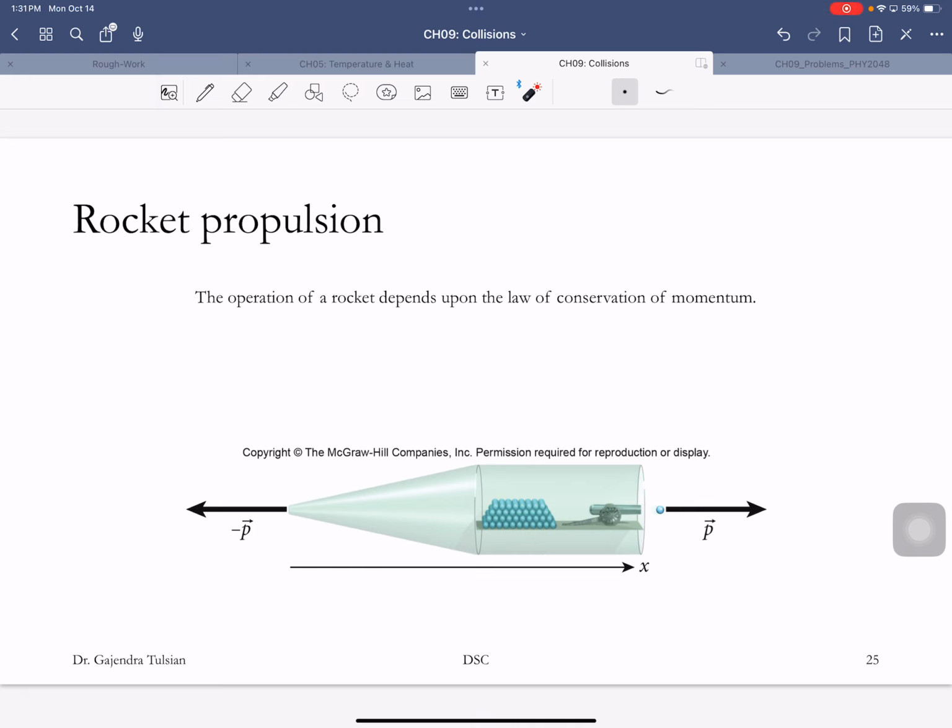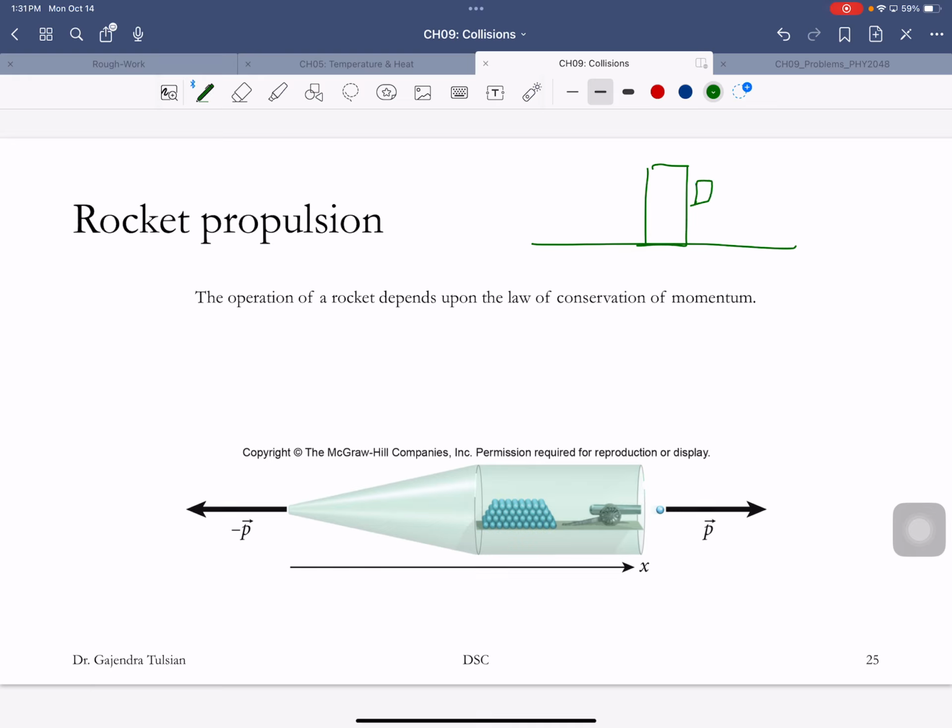All right, now we'll talk about rocket propulsion, which is based on conservation of linear momentum. So here's the deal. I like to give this example.